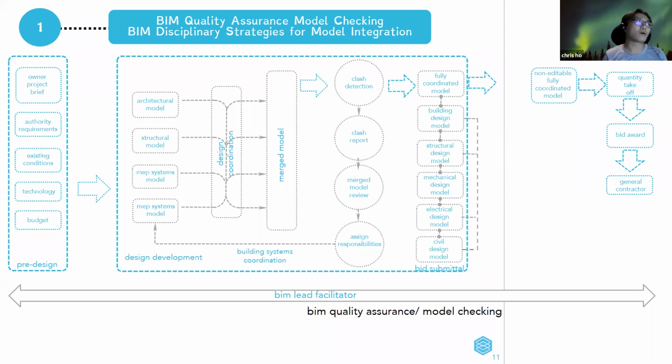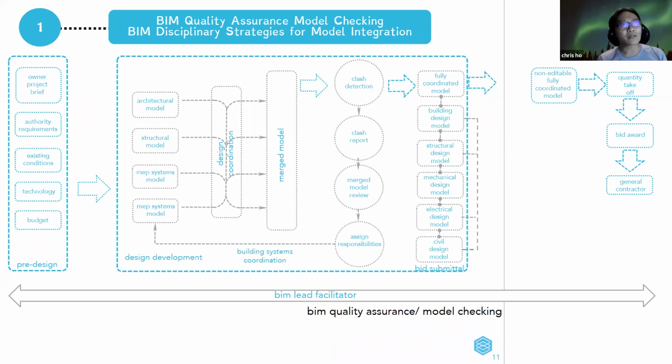Once you have determined your owner project brief, your authority requirements, the existing conditions, plus what kind of IDD or BIM technologies are required, plus the construction costs, you start to pass all these requirements to your stakeholders, which are architects, structural engineers and MEP engineers. They will come up with their own models, and you do a design coordination together, and eventually you merge it as a merged model.